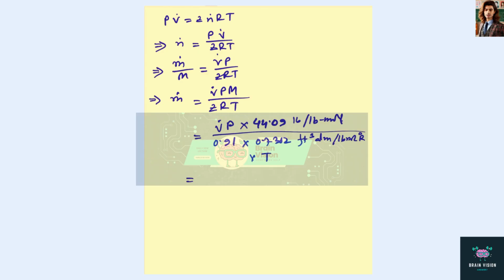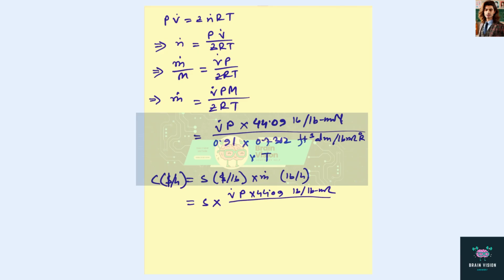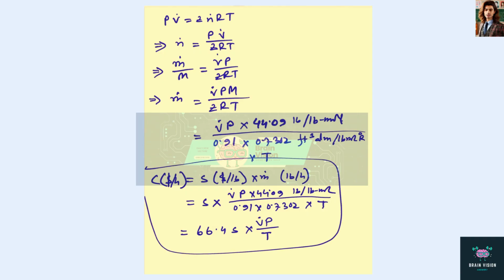Let's substitute the mass flow rate in equation 1 and get the actual formula for the cost, which is 66.4 S multiplied by volumetric flow rate pressure divided by T, and it is the actual formula.